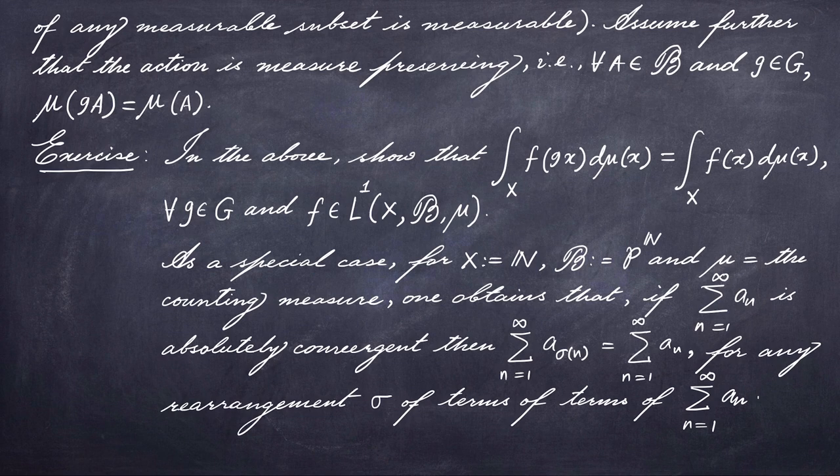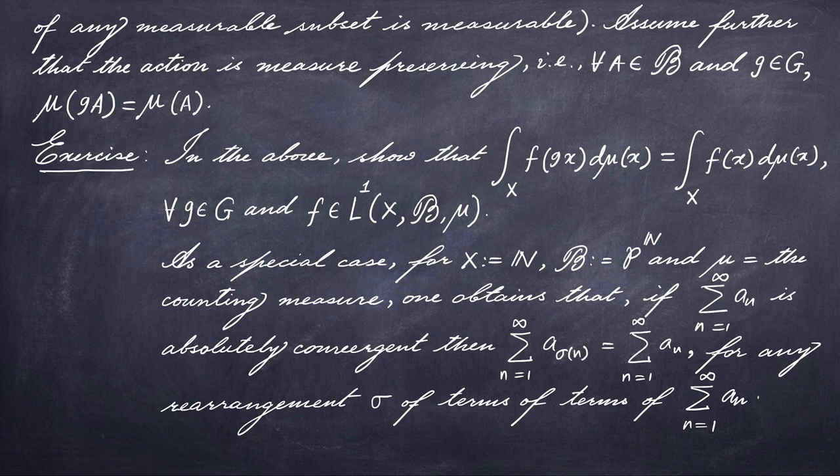As a special case of this, we obtain something which is already familiar to us. If we take our measure space to be X equal to N, B to be the power set of N, and mu to be the counting measure. So what is a counting measure? For any set A, it just counts the number of elements of A. That is, if A is finite and having n elements, then mu(A) is n. Otherwise, it will be infinity.